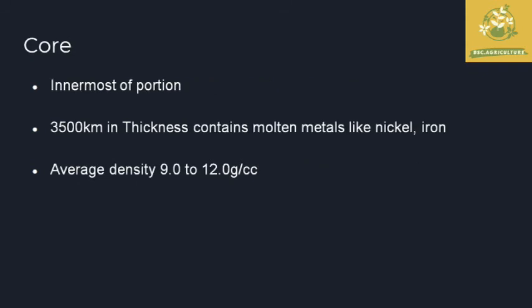And the core, which is the innermost portion of the Earth, has a thickness of 3500 km, and contains molten metals like nickel and iron, with an average density of 9 to 12 gram per cc. So that's how the interiors are made in the Earth.